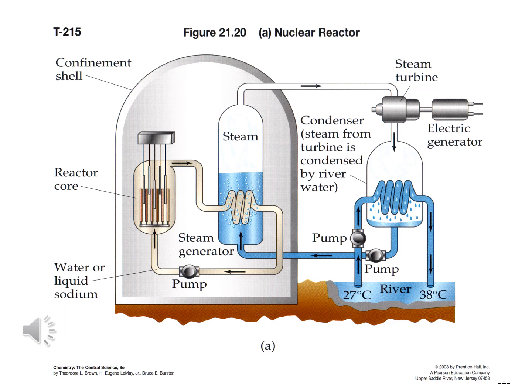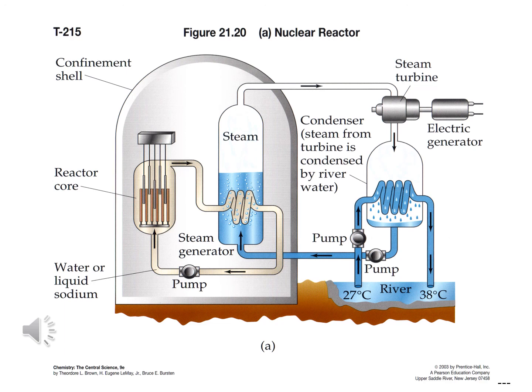Then they have to condense the steam and recycle it, and it's usually near some kind of a river or a pond, because they use that water to help condense the steam. In the reactor core, the heat can be transferred to the boiling water chamber either by using a liquid to transfer the heat into the steam chamber, or the reactor core can be directly in the water.